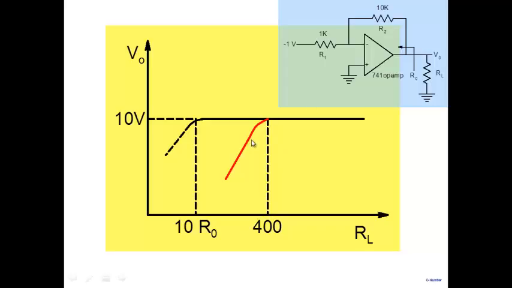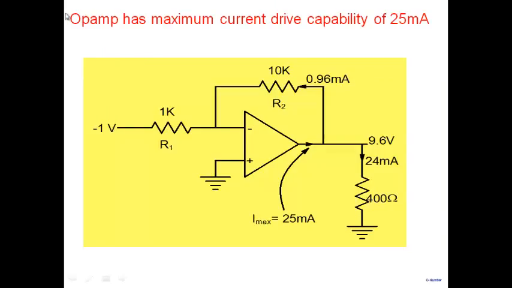And to clarify this, what we want to illustrate is that every amplifier has a maximum current drive capability. Just like we said, every amplifier, the output will not keep on following the input. There's a maximum output voltage swing that you can get. Similarly, that was in terms of voltage. This is in terms of current. Every amplifier has a current limit.